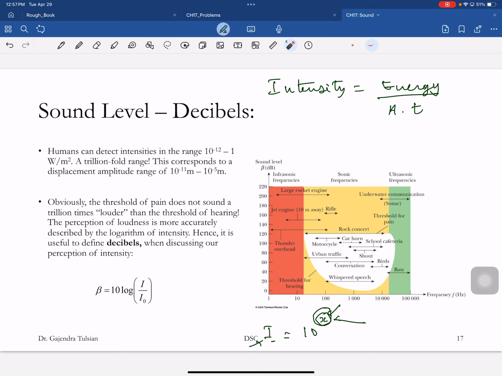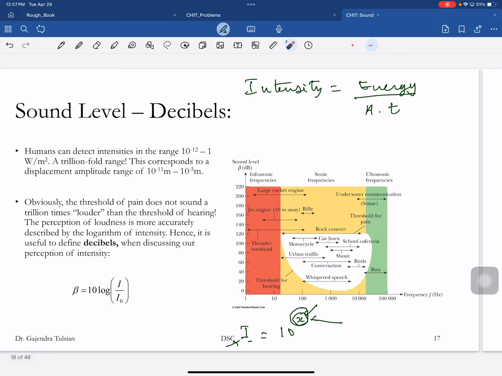Your sense of loudness doesn't go linearly. It is about 5,000 times louder, not a trillion times louder than the softest sound.